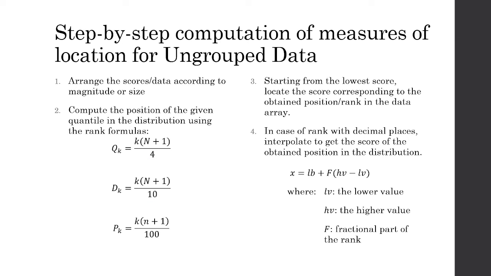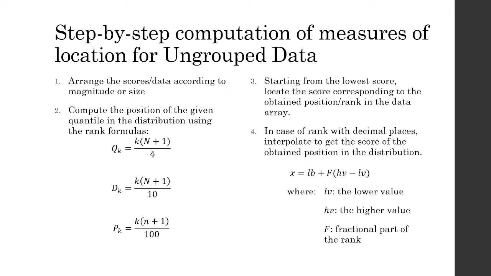So here is the step-by-step computation of the measures of location for ungrouped data. First, just like median, we need to arrange the scores or the data according to magnitude or size. Therefore, we will be having our data array there. Next, we need to compute for the position of the given quantile in the distribution using rank formulas.